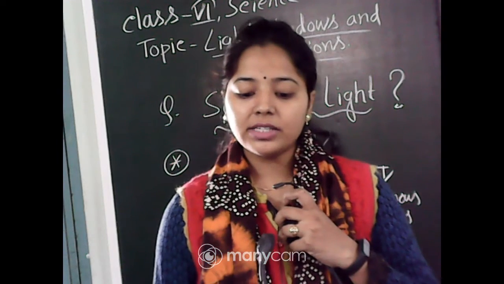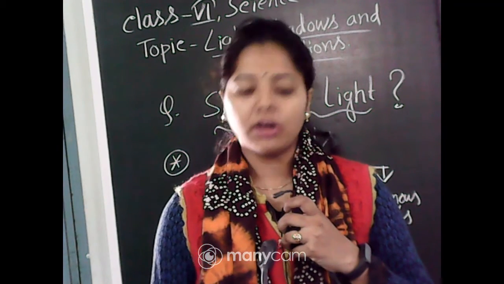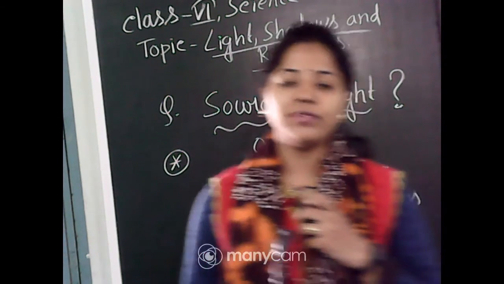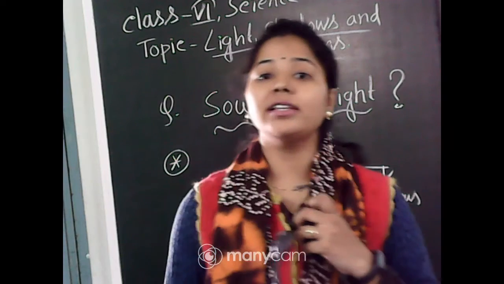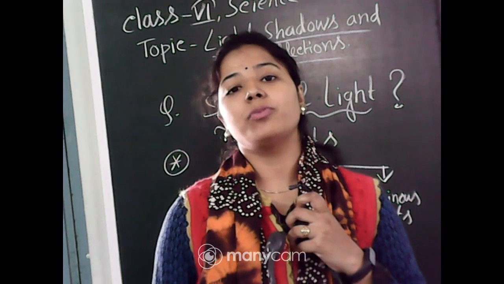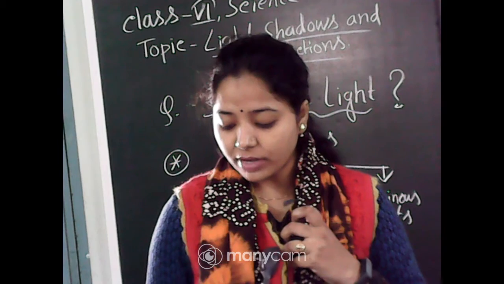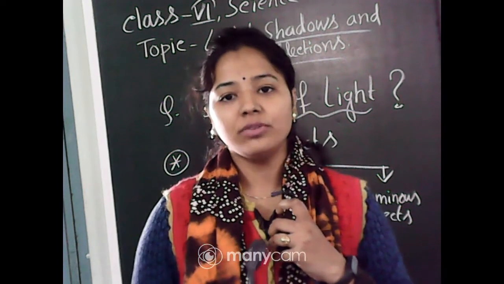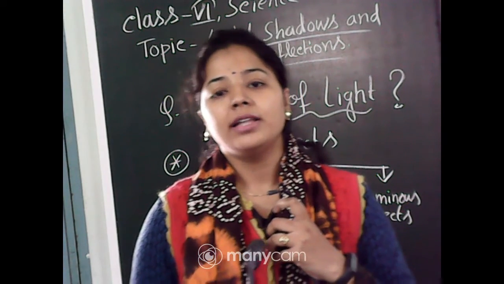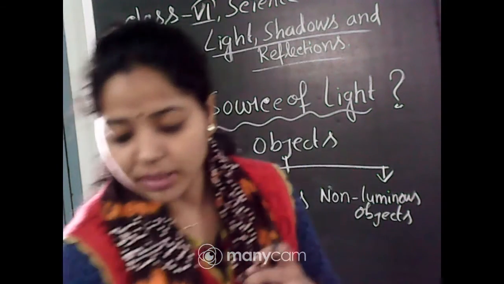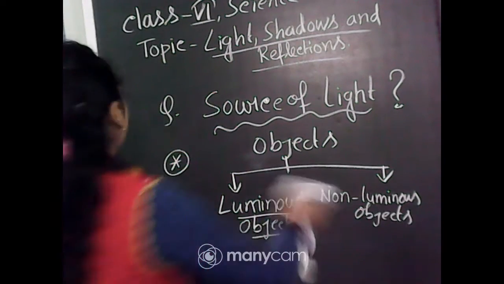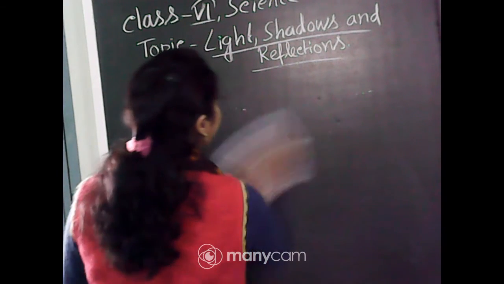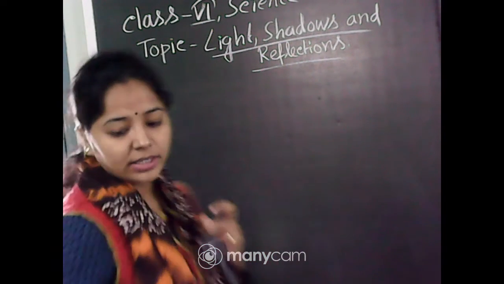Now, just recall the different types of grouping of objects that we have learned in chapter 4. Have you observed it? Have you read all the types of objects that were being grouped on the basis of the light passing through the objects? No? And we have read there are three types of objects. So on the basis of light passing through it, we can divide the objects into three categories. Okay? What are those three categories?